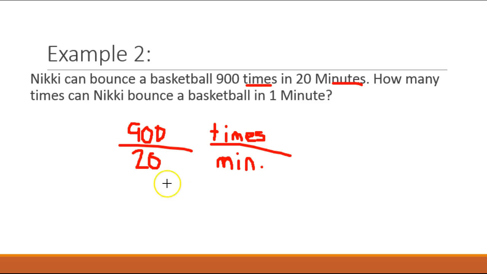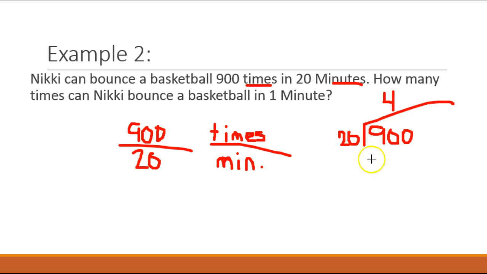So now all I need to do is divide 900 by 20. So I look at 20 into 90, it'll go 4 times. 4 times 20 is 80.